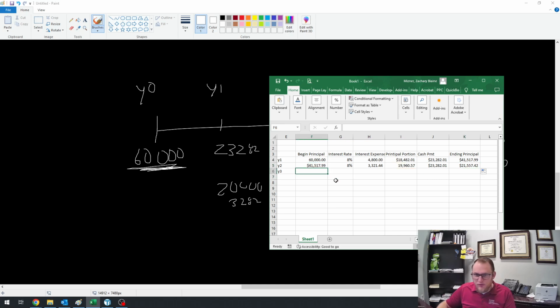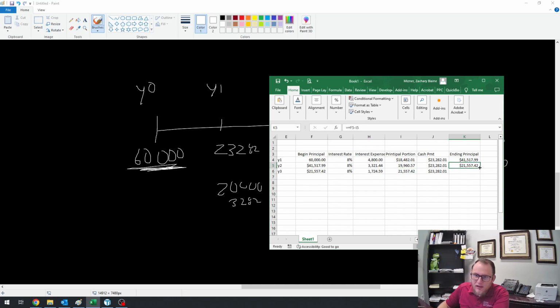So then if we do this again, we have our beginning principal balance, 8%. So that times that, we're going to have the same payment. So this minus our principal portion. So you can see here that our principal portion equals our beginning principal, because at the end of 3 years, this loan is going to be paid off.